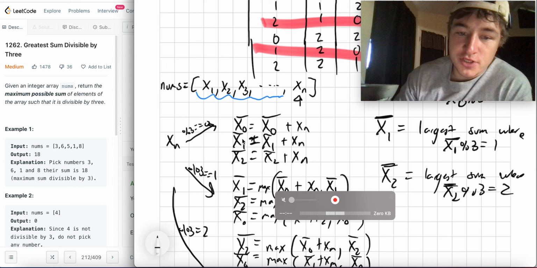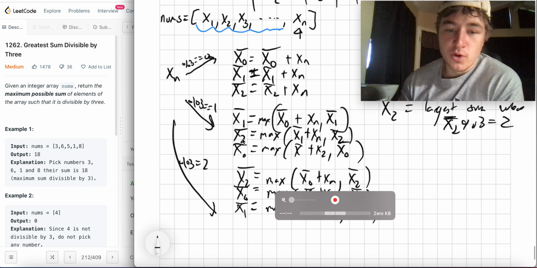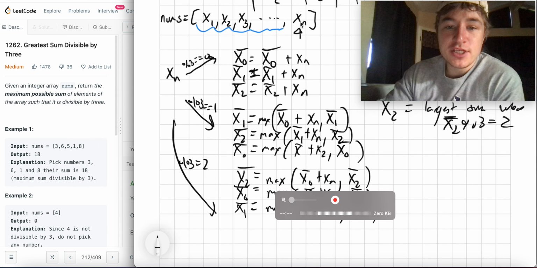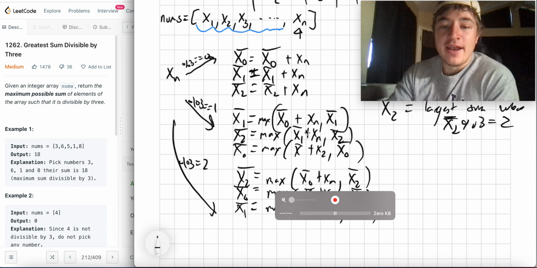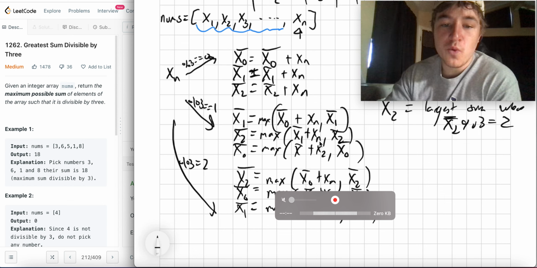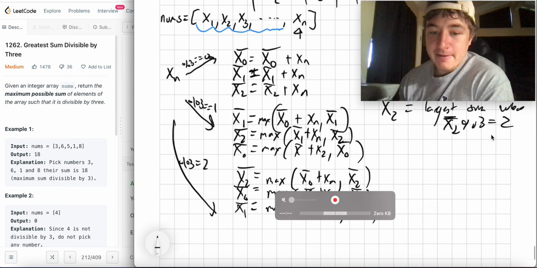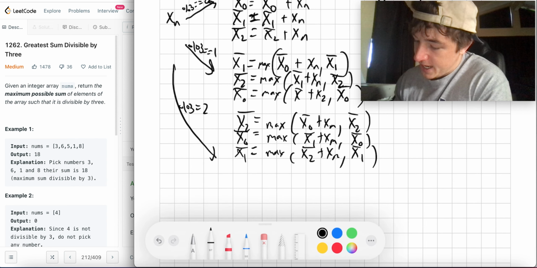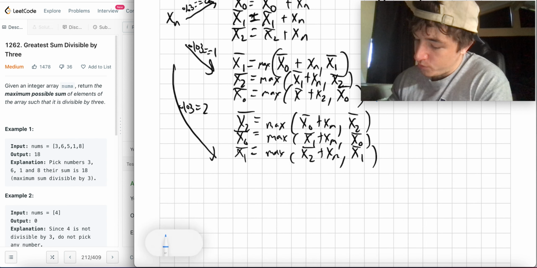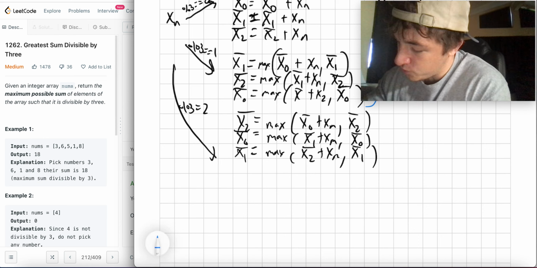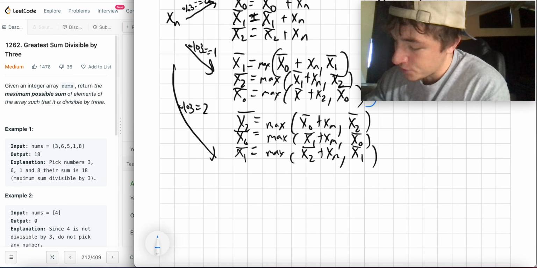Sorry, that doesn't make sense. If I have my newest number and it mod 3 equals 1, then I can attach it to something with mod 3 equals 2. This case happens when xn mod 3 equals 1.